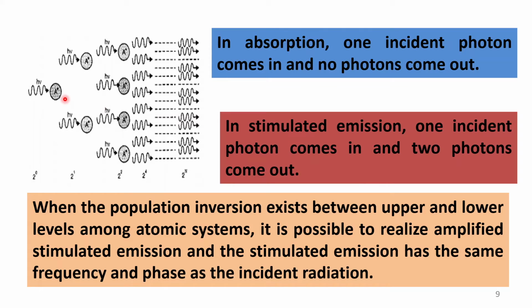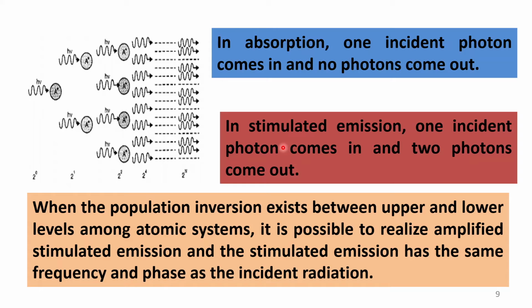That means during the transition of the atoms from the metastable state to the ground state, when the incident photon interacts with the atoms during this transition, two photons come out.